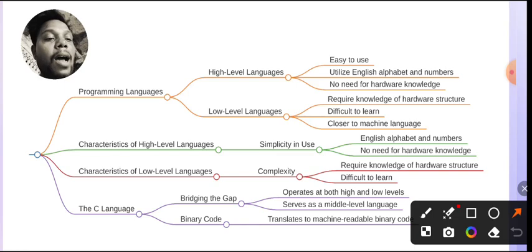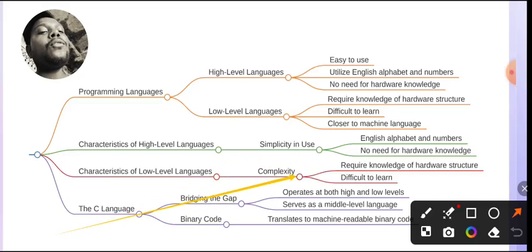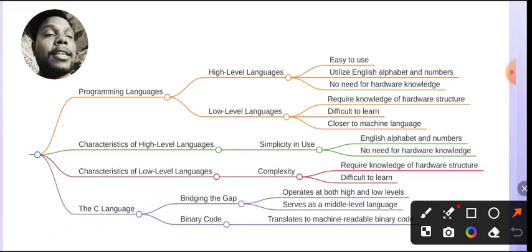And the C language bridges the gap. Bridging the gap means, as you can see here, high level language is easy to understand and low level language is not easy to understand, for humans. So there is a lot of gap between human and machine. Why do we need to fill this gap?